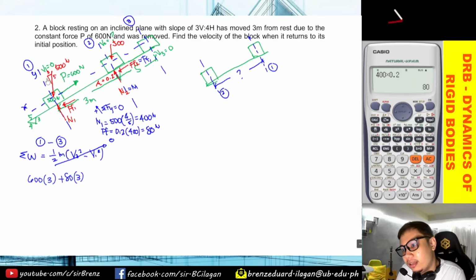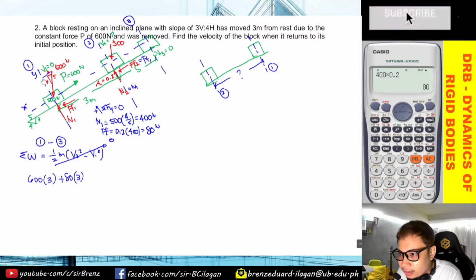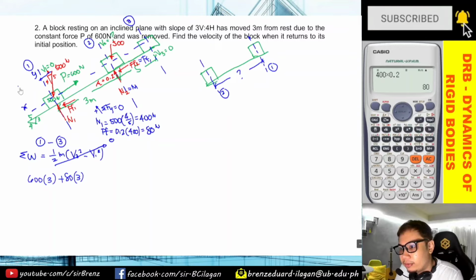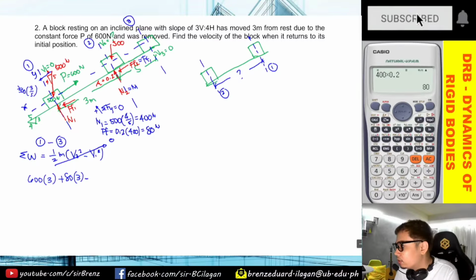And then, kung titingnan nyo ito mabuti, the x component of weight mo contributes to negative work. So, 500 times 3 over 5. Okay, so, minus, but ito plus, frictional force to eh. So, this is supposed to be minus 80 times 3.